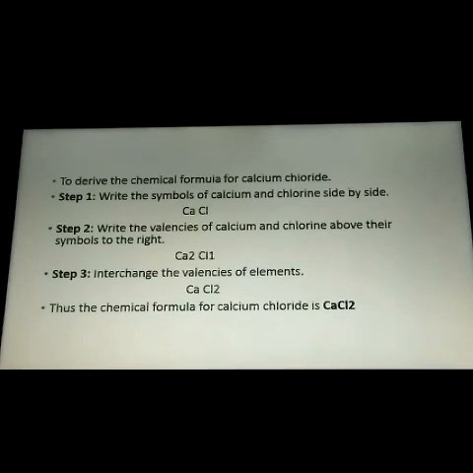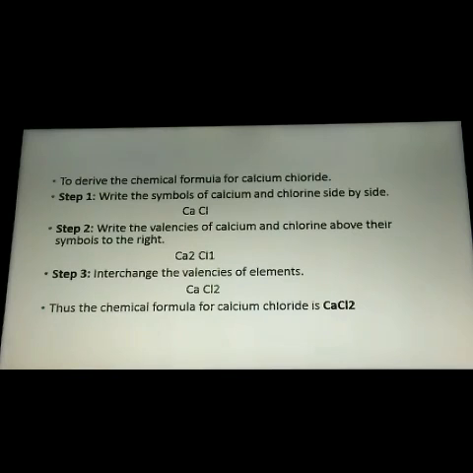So if we want to write the chemical formula for calcium chloride, you need to write the symbol of calcium and chlorine. So what is the symbol for calcium? It is Ca, and for chlorine it is Cl. Next step, you have to write the valencies of those corresponding elements. For calcium it is 2 and for chlorine the valency is 1.